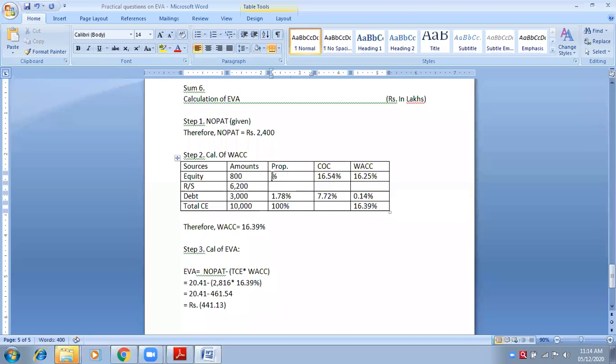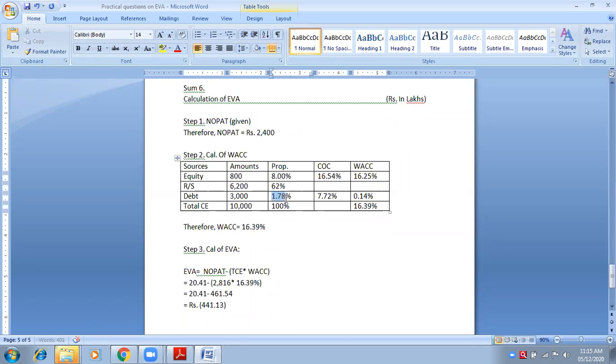What is the proportion of equity? 800 divided by 10,000 into 100. 8%. If you write 8, that is also okay. 6,200 divided by 10,000 into 100. What is the proportion of reserves and surplus? 62 percentage.